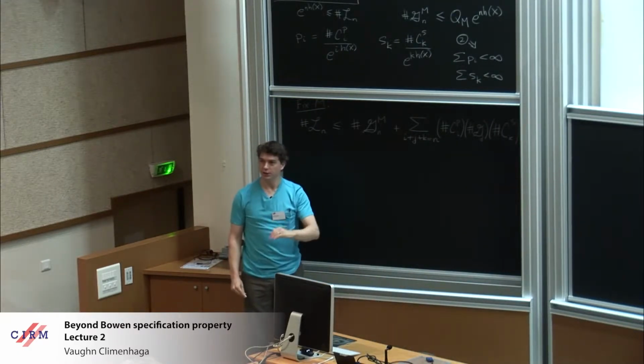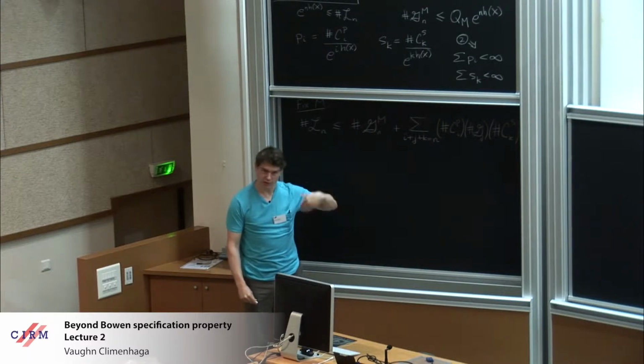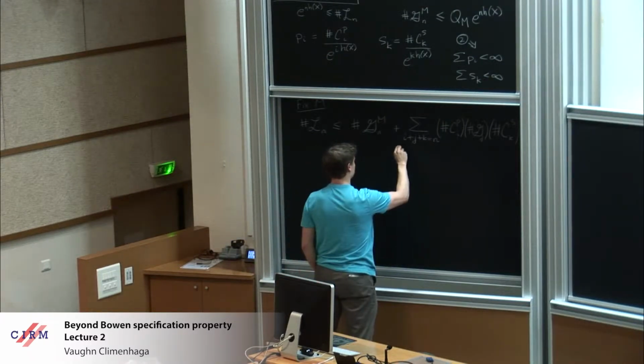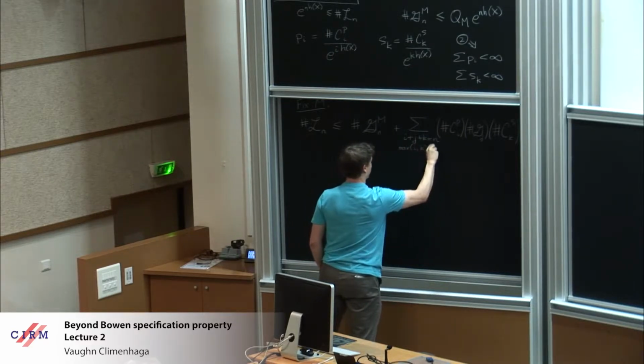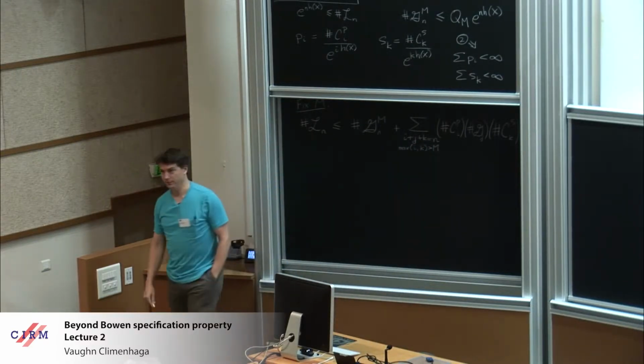And in addition, either i is bigger than m or k is bigger than m. So the maximum of i and k is greater than m.